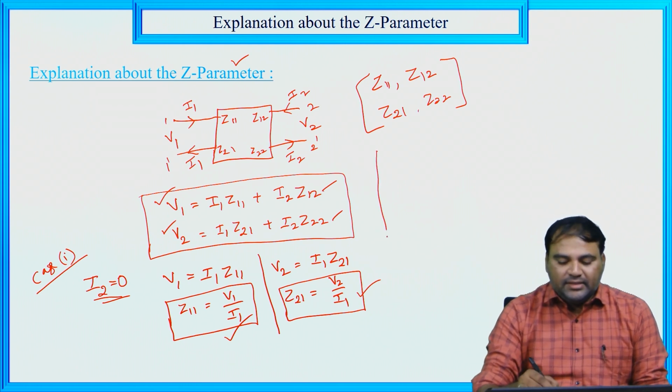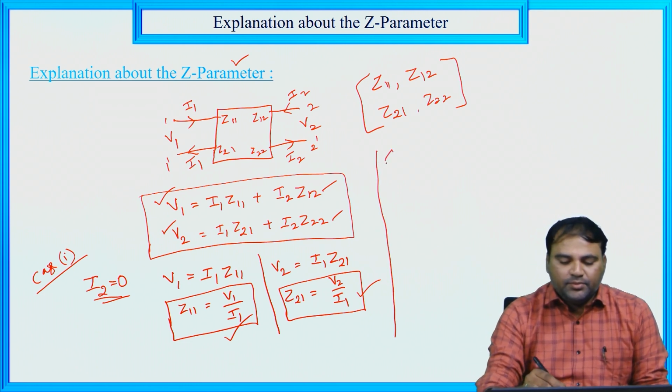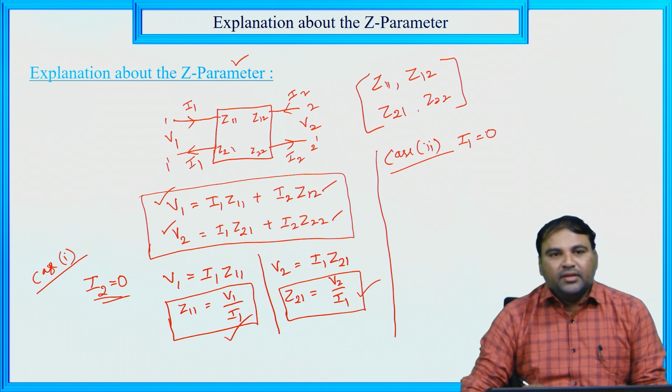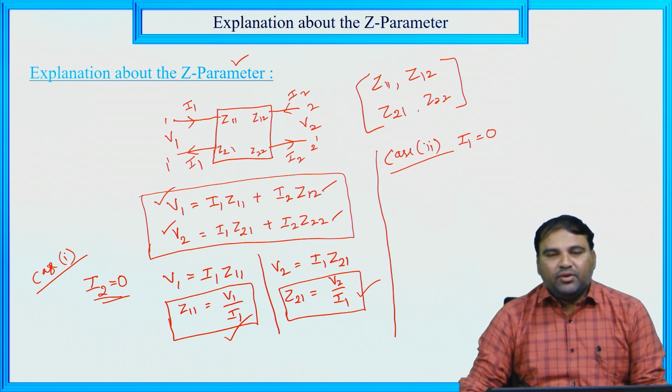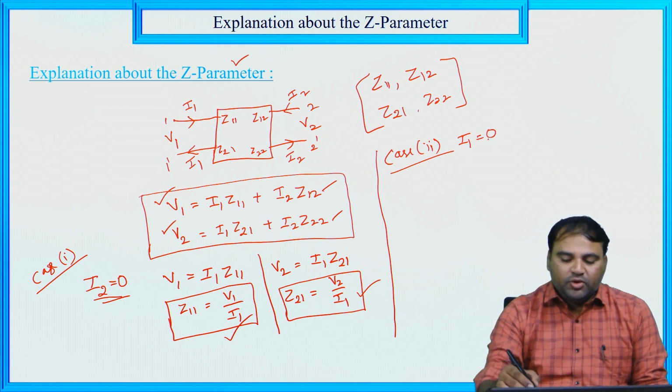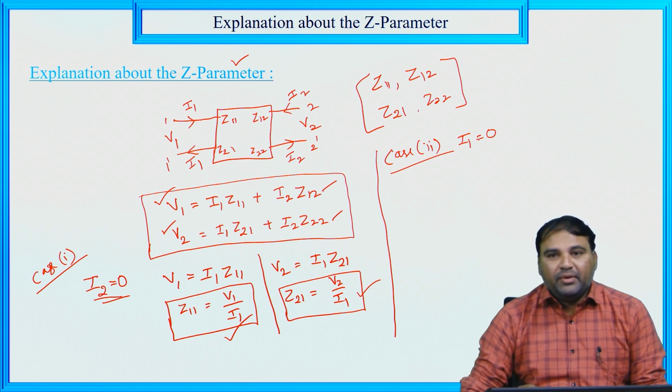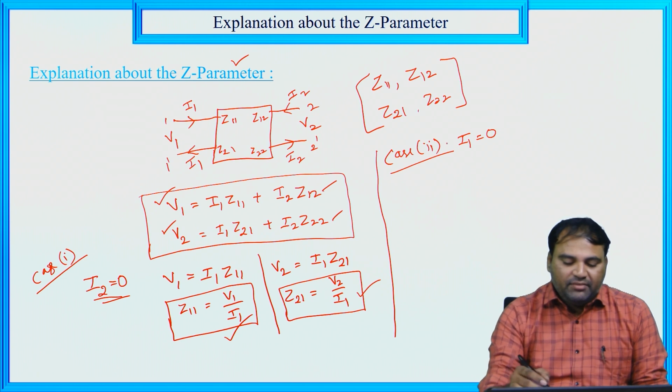Now the second case, in case 2, I am taking I1 equal to 0. If you are taking I1 equal to 0, now we have to open circuit the primary side. Okay. So now substitute this I1 value again in these two equations.